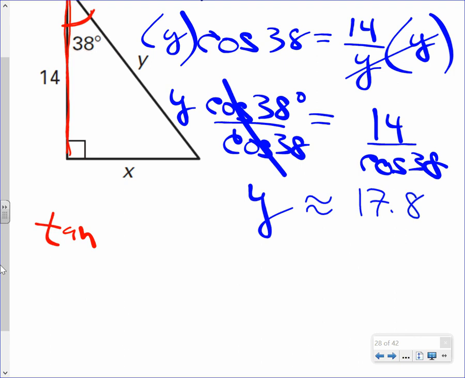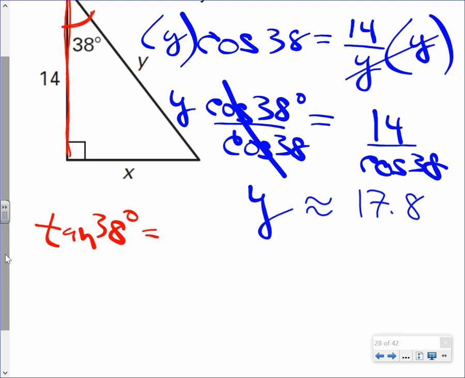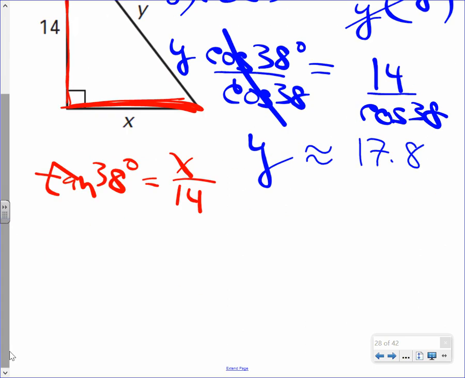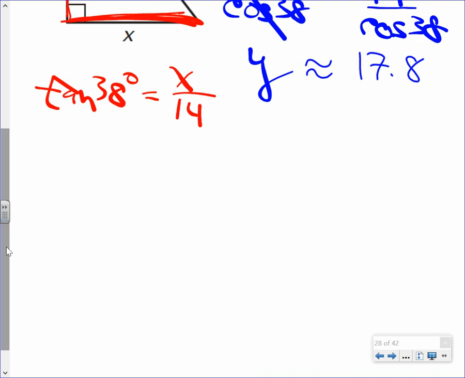Tangent, 38 degrees. What does SOHCAHTOA say? Opposite over adjacent. Nice, nice. Opposite of 38. That's the side not touching 38. That's x. Over adjacent is 14. Nice. Let's get x alone. I'll multiply both sides by 14. It's kind of like a warm-up, if you remember. I'll bring down the equal sign. 14s cancel out. Beautiful.